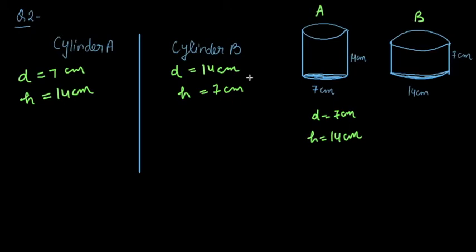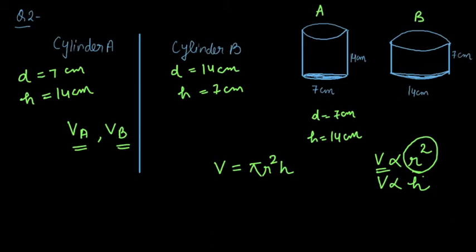The first part of this question is, without doing any calculations, can you suggest whether cylinder A volume or cylinder B volume is greater? So without calculation you have to tell which cylinder volume will be greater. First we will see the formula. What is the formula for volume? Pi r square h. This is the formula to calculate the volume of the cylinder.